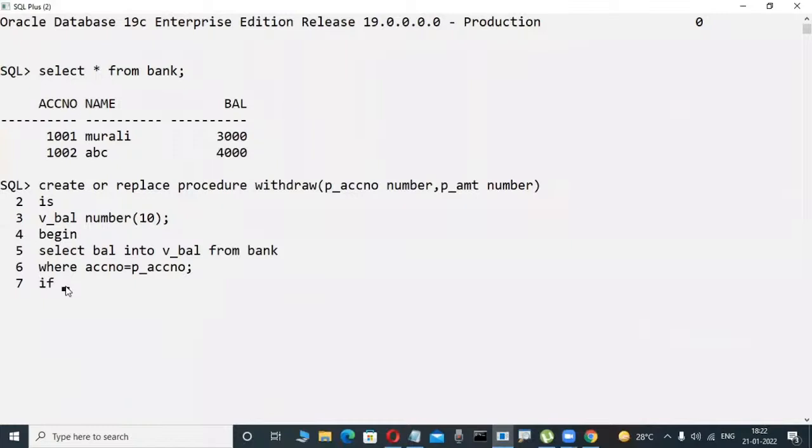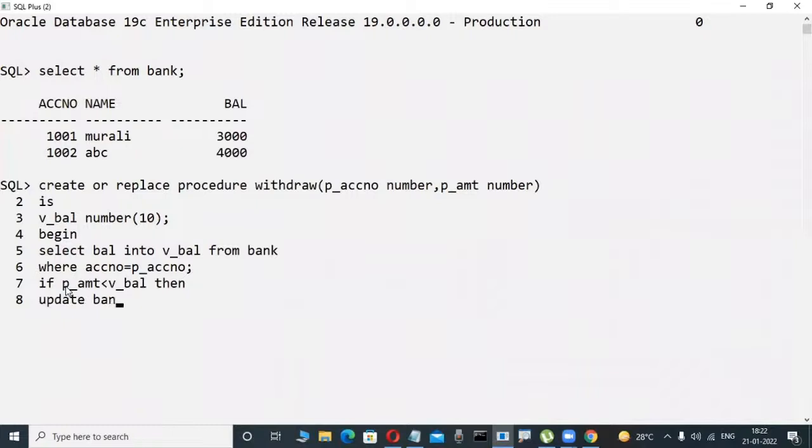Whenever I insert the ATM card, I try to withdraw 9,000, as in the previous case, so that is the amount. Suppose that amount, logically observe, not the coding, is less than the available balance. Then I want to affect that in the database.